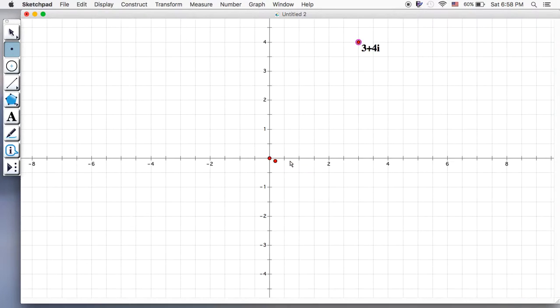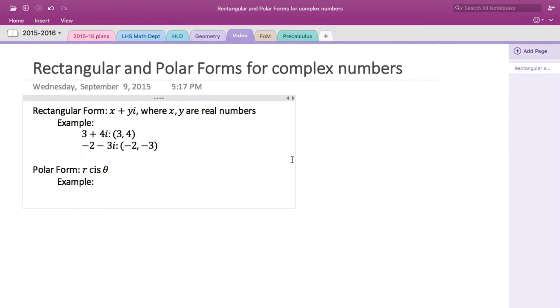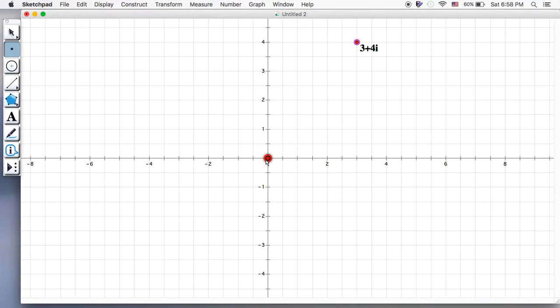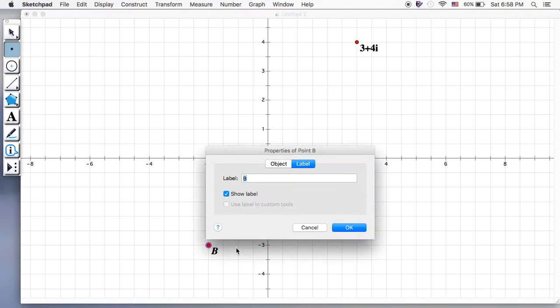And for negative 2 minus 3i, we go negative 2, and we go negative 3i. And we call that negative 2 minus 3i.